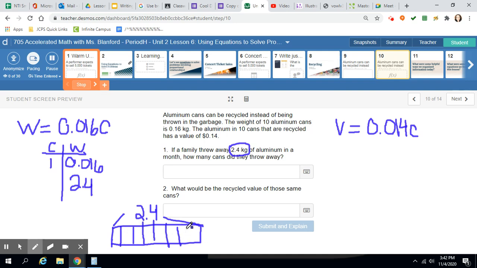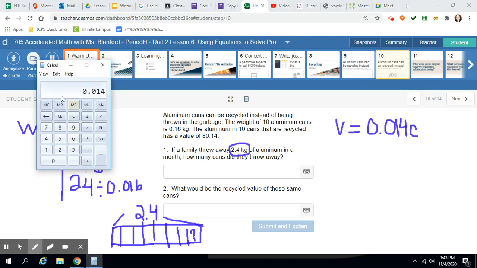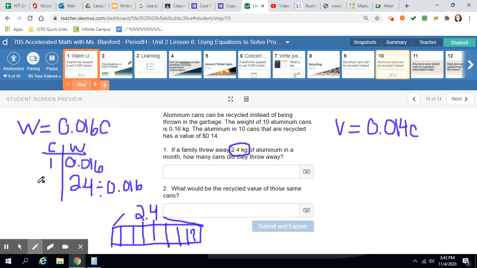We don't know. But if we divide this by how much each can weighs, then we can figure it out. So 2.4 divided by 0.016, that's 150 cans, right? So we know they threw away 150 cans.